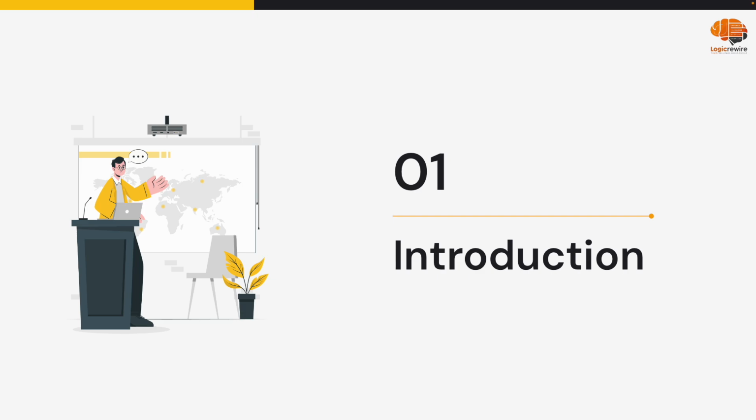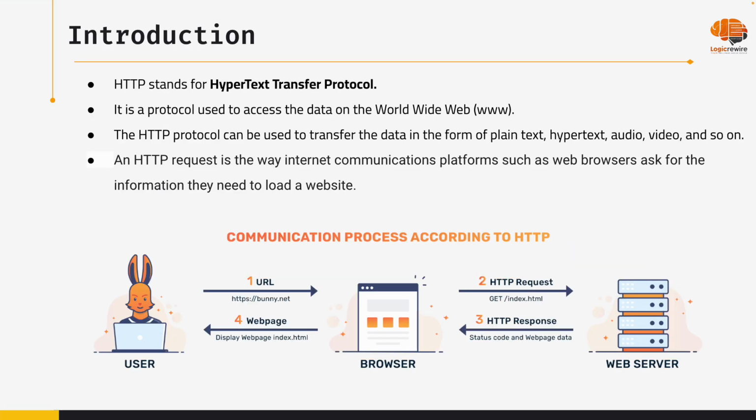As I discussed, first we are going to see the introduction of HTTP. As we know, HTTP is the hypertext transfer protocol, right? Suppose here in the figure you can see a user sitting at a laptop, and he opens a browser, either Google Chrome or any browser.